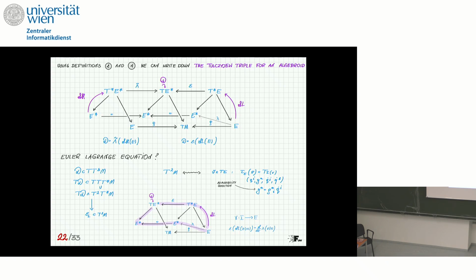So I can say my curve is a solution of the Euler-Lagrange equation if I go this way and I get the same. And we can check by calculation that this is exactly what we need. For example, if we take E equal to TM, we get the usual form of the Euler-Lagrange equation. So we can think a little bit like that.